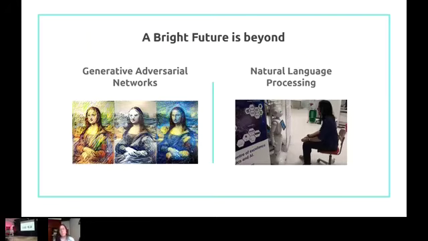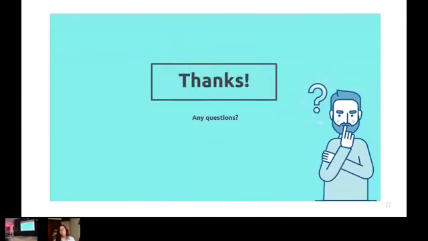Now a machine is able to do that, in some way understanding both the content and the artistic style of the image. And in natural language processing, there is still a big work to move forward in research and in new tools, so that at some moment we could communicate with them and not be able to recognize if those are persons or not. So a bright future is ahead of us. Thank you.